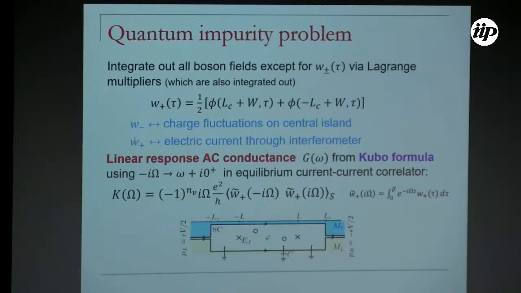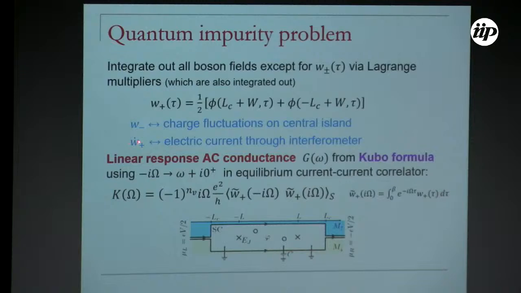But what you can do as a first step is to rephrase this as a quantum impurity problem, a bit like resonant tunneling in a Luttinger liquid. So for that purpose, you basically look only at 2 linear combinations of these boson fields, namely the W minus we just discussed, which is physically related to charge fluctuations on the central island. And since we want to probe the electric current, we need a second one, which is this field W plus, which is the sum of the field here and here, times 1/2.